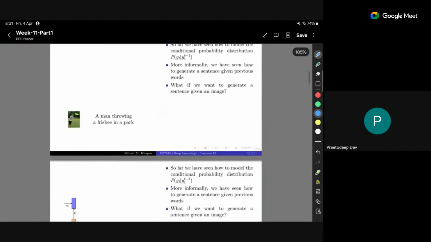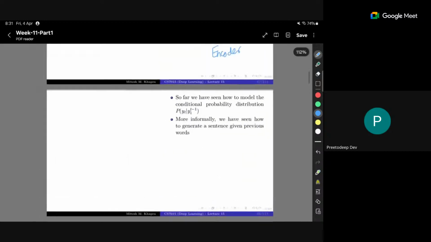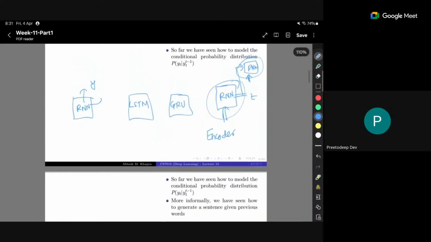In this way, earlier we were restricted to words, like sentences or something like that we could give. Now we can give input as image, text, speech, anything in encoder decoder.